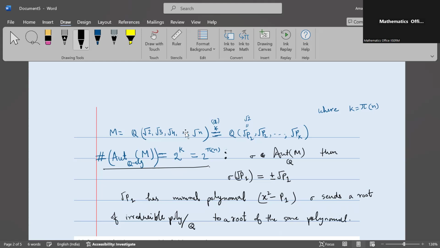So root P1 has no other choice, so it will go to either plus root P1 or minus root P1.